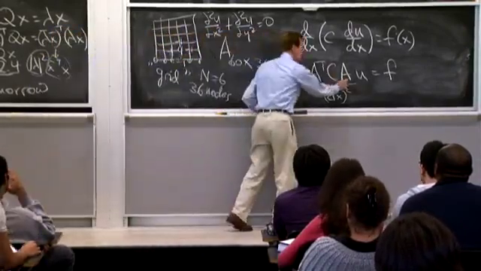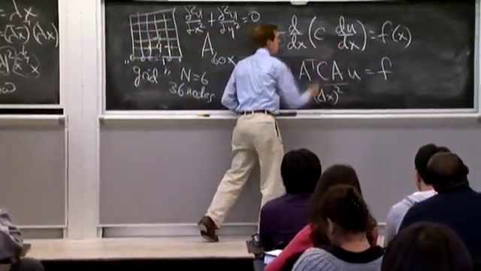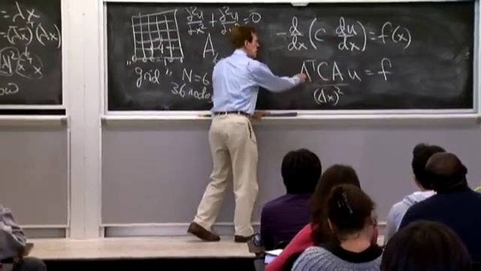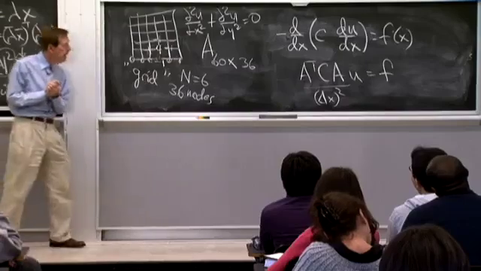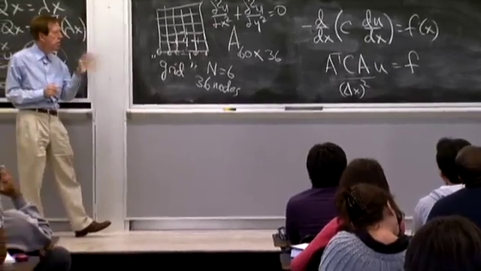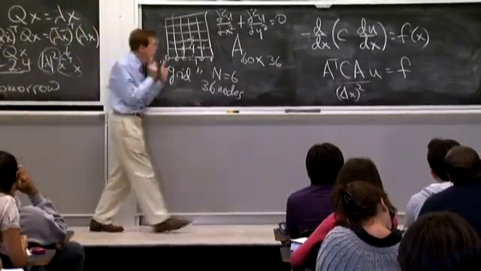A is a difference matrix, like the derivative. C will be a diagonal matrix. A transpose will be whatever that comes out to be. So you've seen A transpose A, but think again about that difference. Solve this.